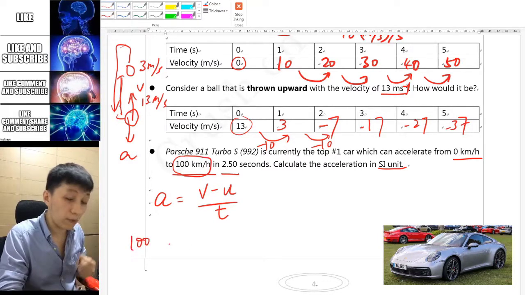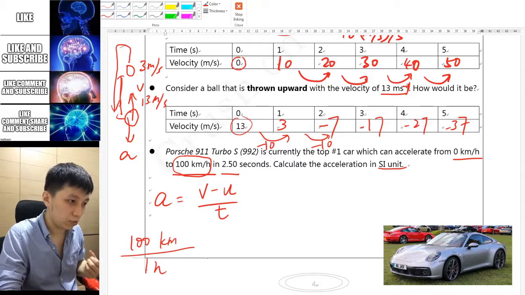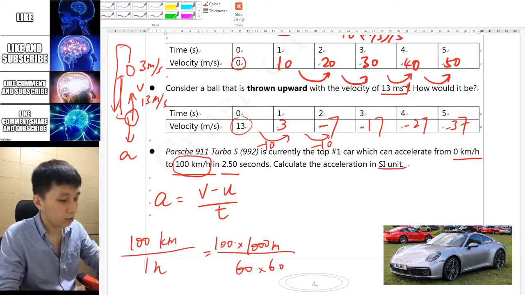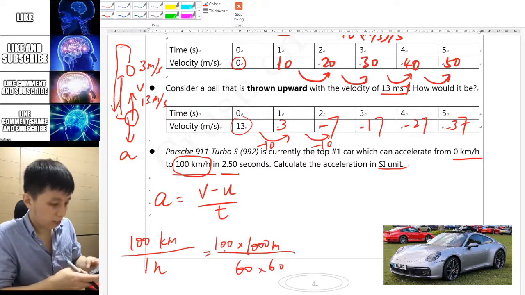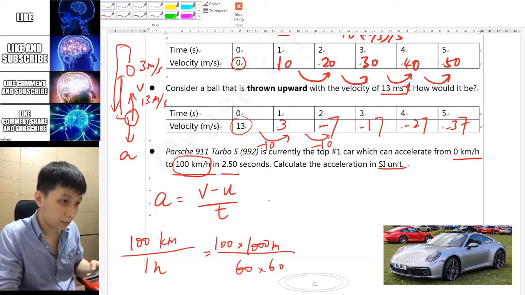So if you remember what we learned in the previous chapter, then we should be able to convert this to: 1 km is 1000 meter, 1 hour is 60 times 60. So this is 1 km/h, then you have to multiply with 100. So if you convert that, that will become 27.7.